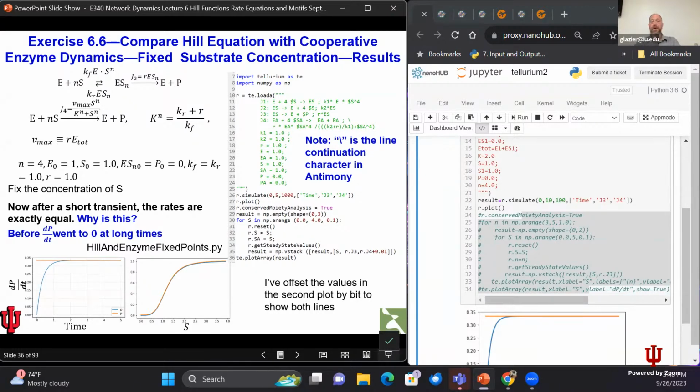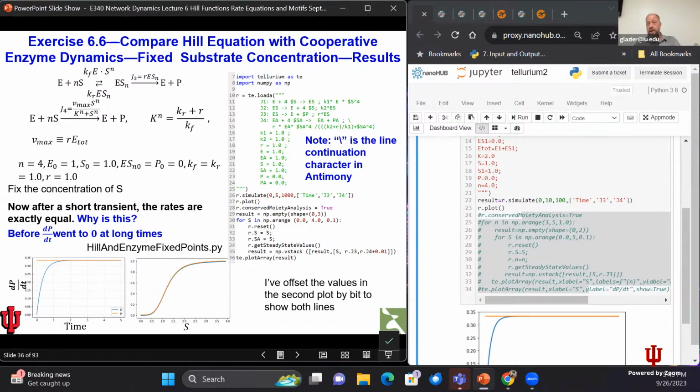And so if we only care about long time behavior, we can make the substitution of the Hill function. We don't lose anything. If we have a time varying substrate concentration, then over the time it takes for the enzyme to re-equilibrate, we'll get the wrong answer.